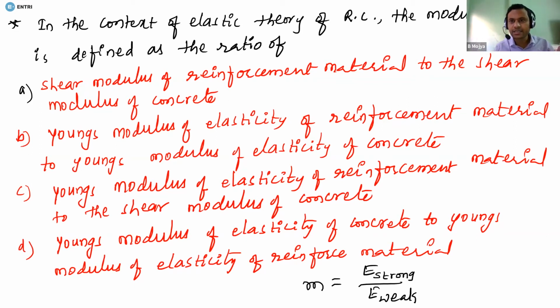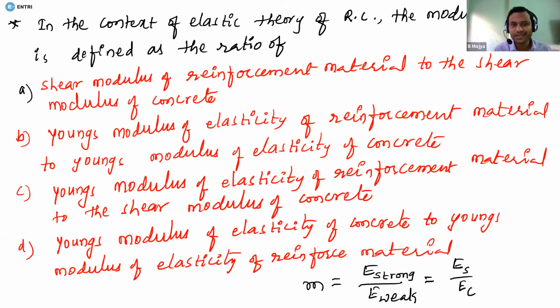In RCC, steel is the strong material and concrete the weak material, so the elastic modulus of steel divided by that of concrete is the modular ratio.